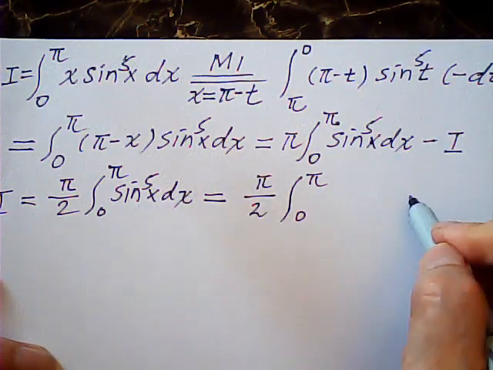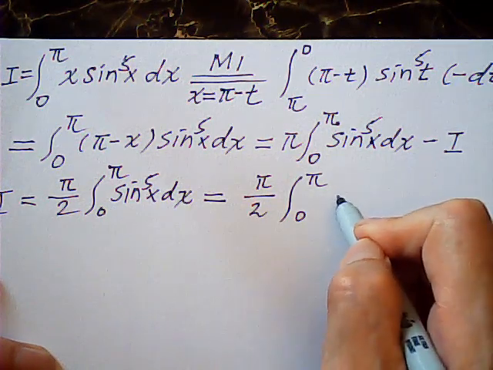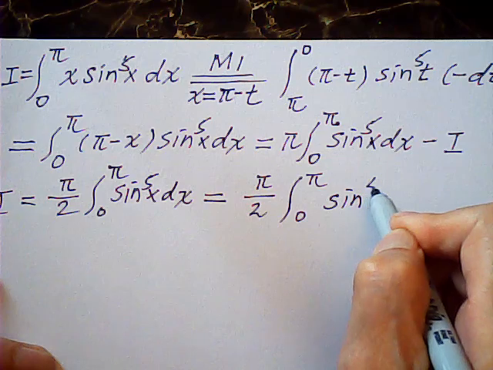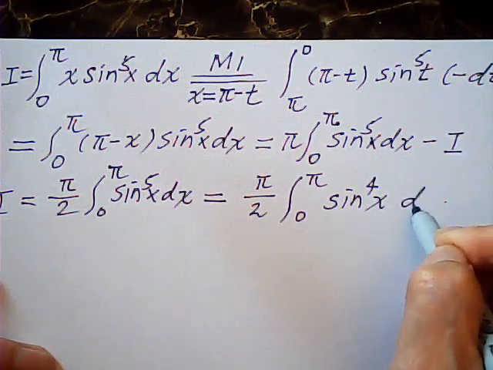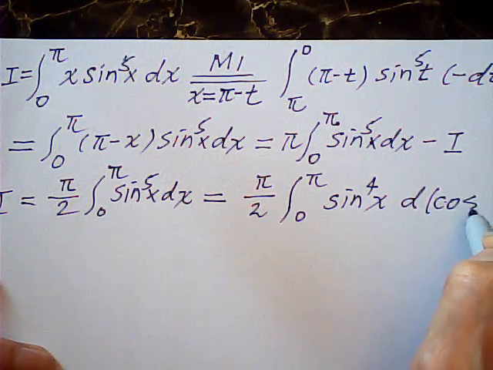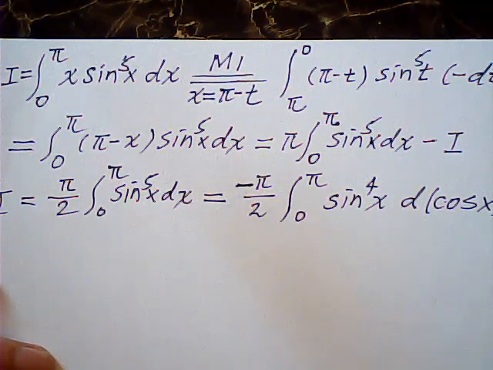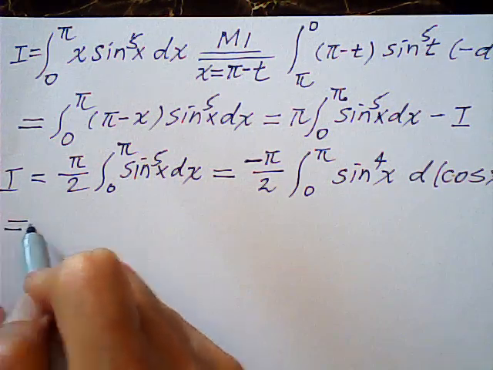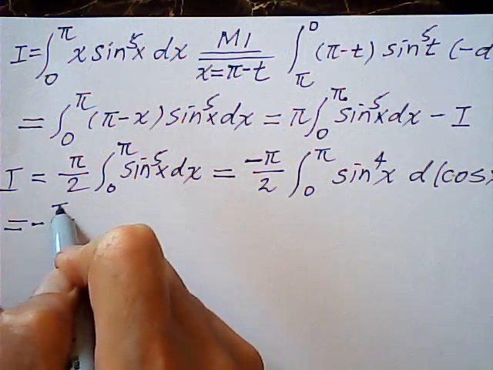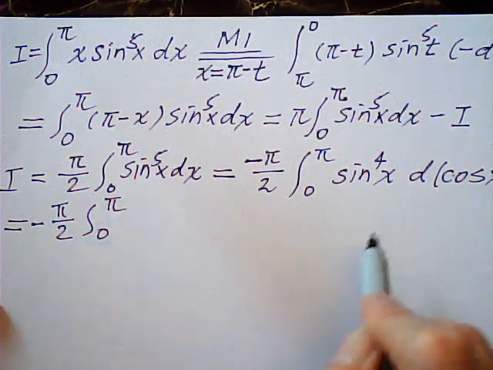Sine x dx, this is a sine 4th x times sine x dx, which is d cosine negative, right? I leave the negative outside. Then this becomes negative half pi from 0 to pi.